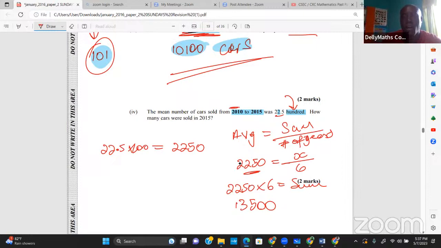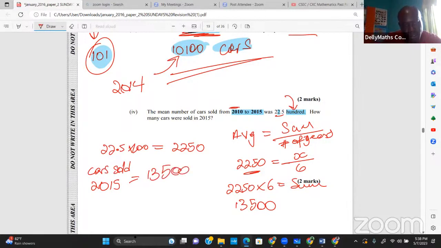But we have knowledge that up to 2014, it was just 10,100. So now I can know how many cars were sold in that 1 year. So now I could say 2015 cars sold will be 13,500, take away 10,100.